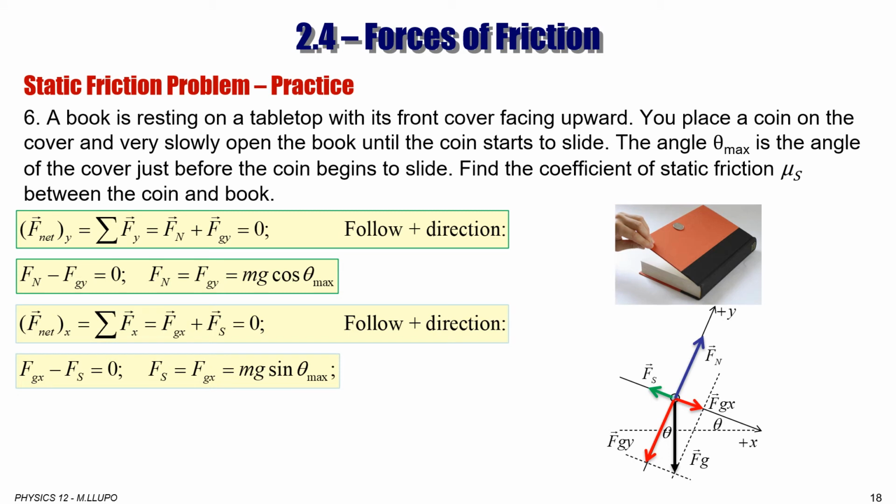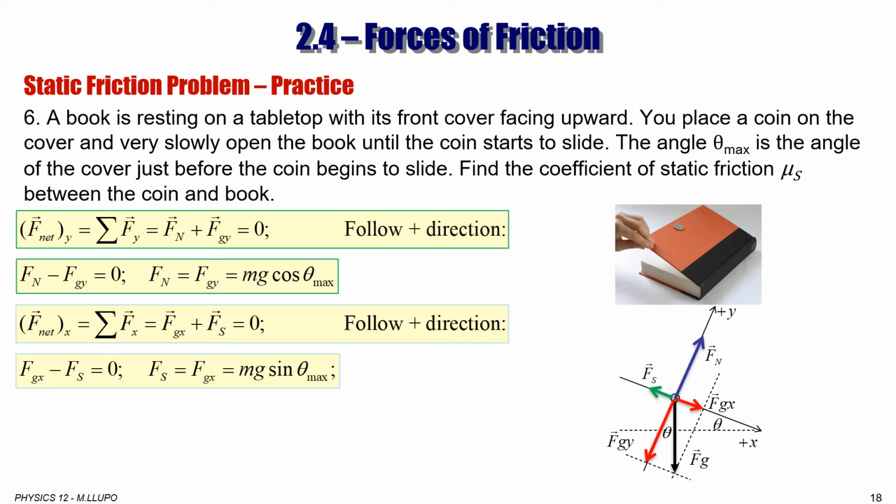Now, in order to calculate the coefficient of static friction, we know the formula is the force of static friction divided by the normal force. But remember, the static force of friction is equal to Fgx, as we just found on our x-axis, and Fn is equal to Fgy, the same way we did when we talked about the y-axis.